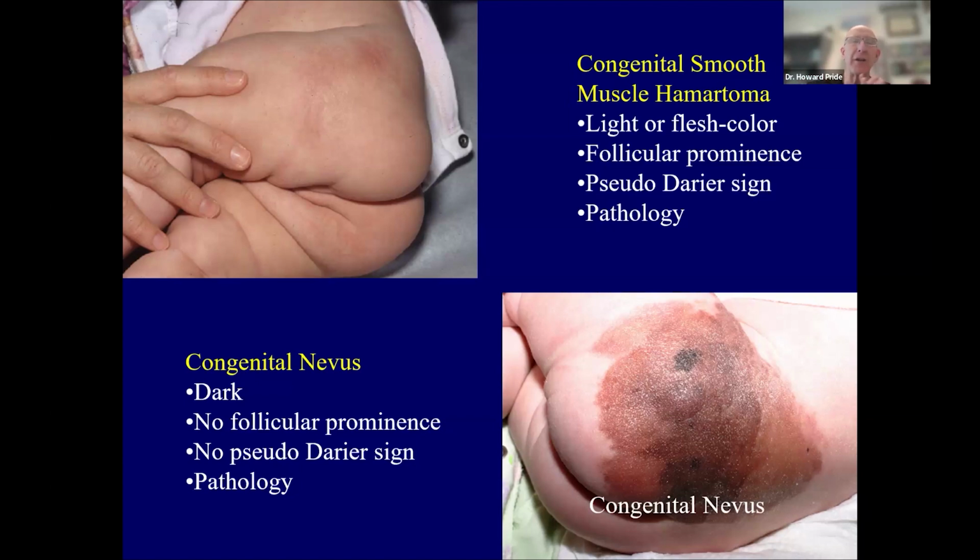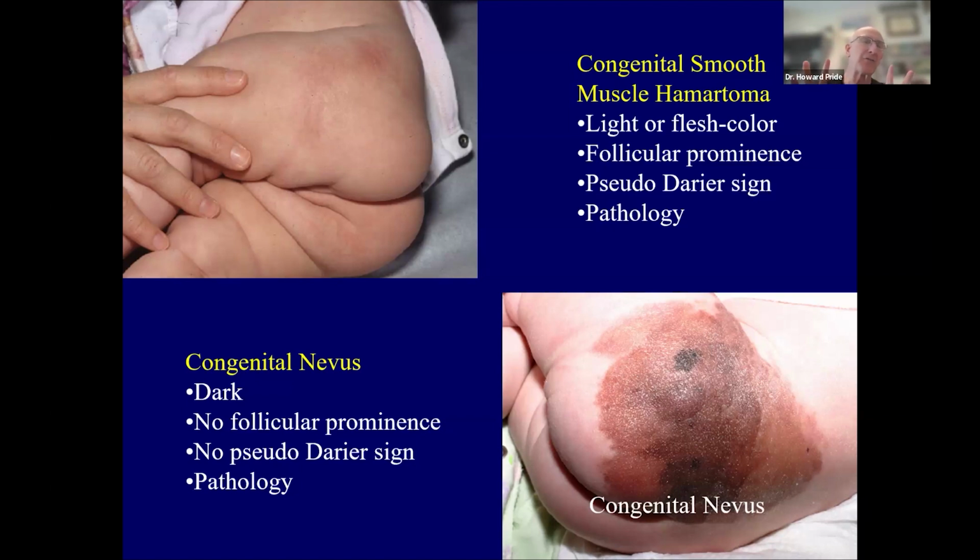There's what's called a pseudo-Darier sign. Now, a real Darier sign we have yet to talk about, but we're coming up on that shortly. But what that means is you stroke the skin and you elicit contraction of the smooth muscle, and the hair stands on end, and you get kind of like an accentuation of the goose flesh. And, if it comes to that, a biopsy would tell you the difference.